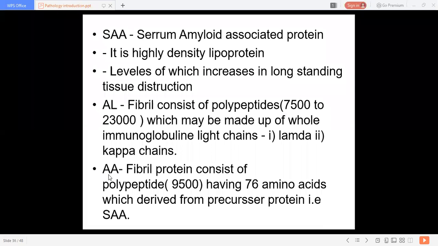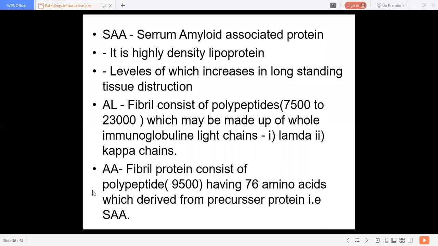This is amyloid light chain protein and this is amyloid associated protein. Here the fibril protein consists of polypeptides of 9,500. These 9,500 polypeptides are present in this AA type of amyloid, that is amyloid associated protein.